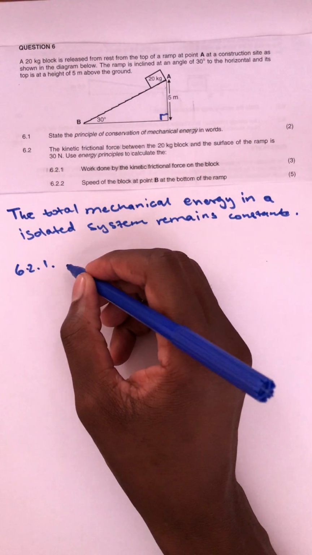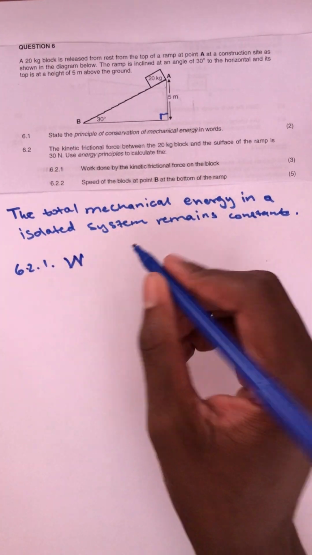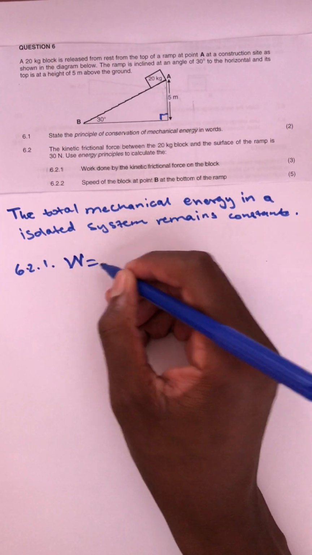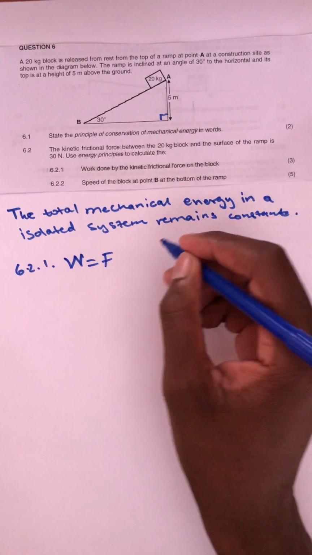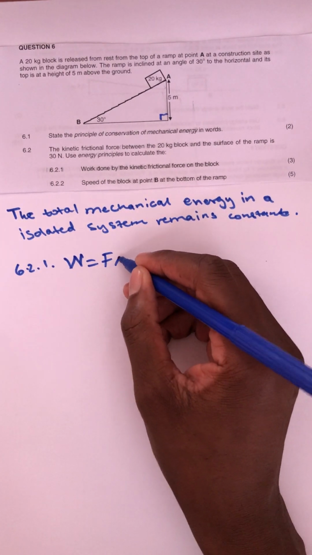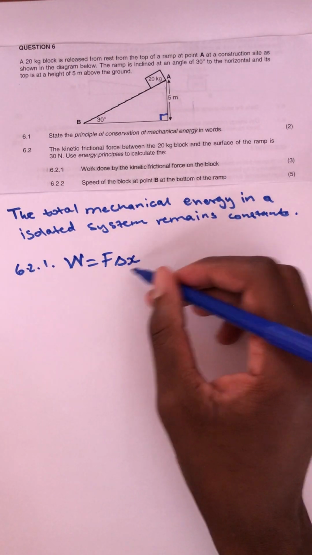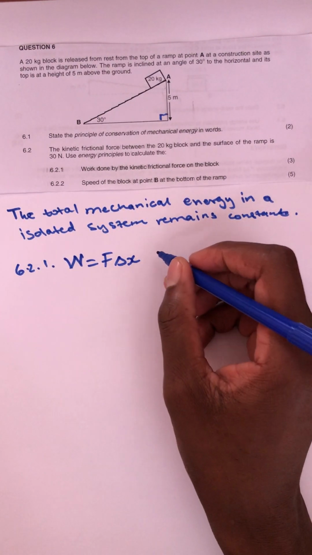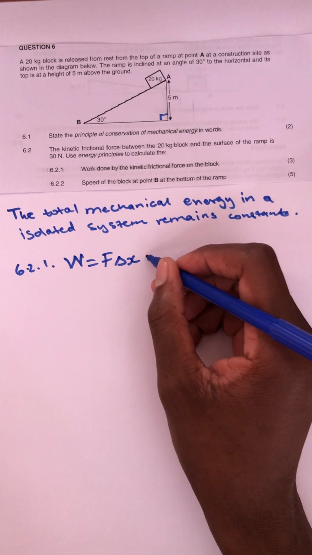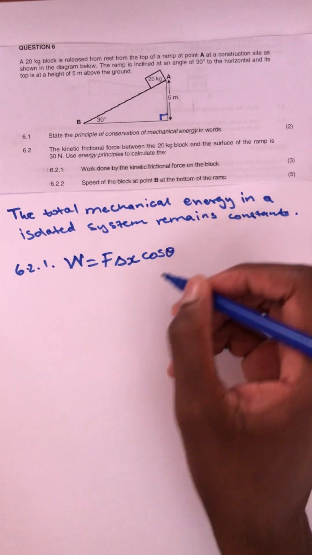We know that the work done by any force is equal to the force that is applying on the object, multiplied by change in x, the displacement that the block is traveling, cos theta.